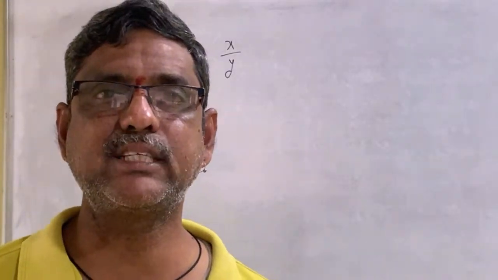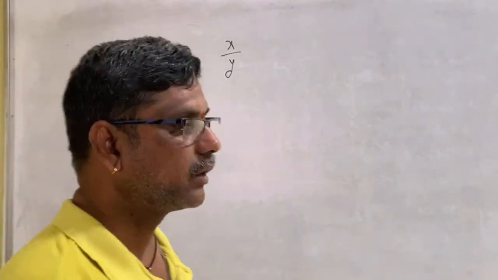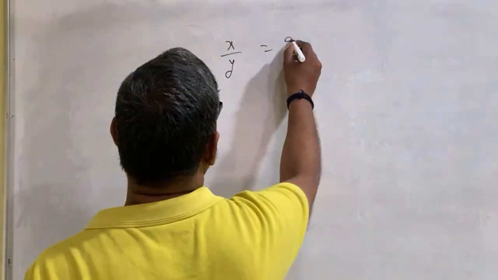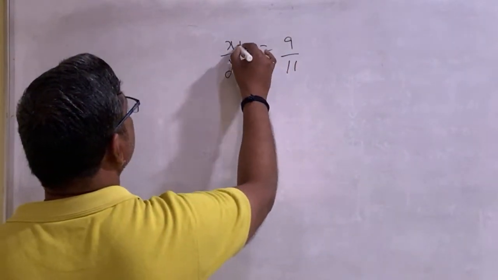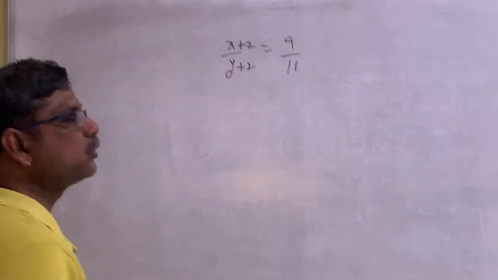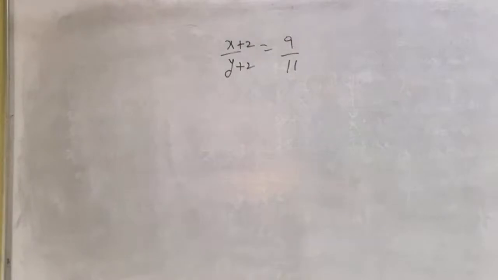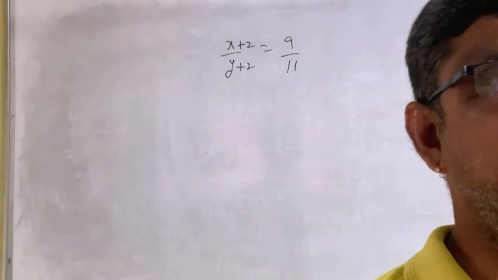Initially, the fraction is x by y. Okay? Now, it becomes 9 by 11 when we add 2 to the numerator as well as to the denominator.